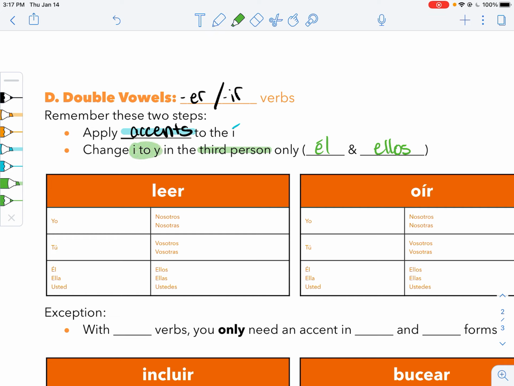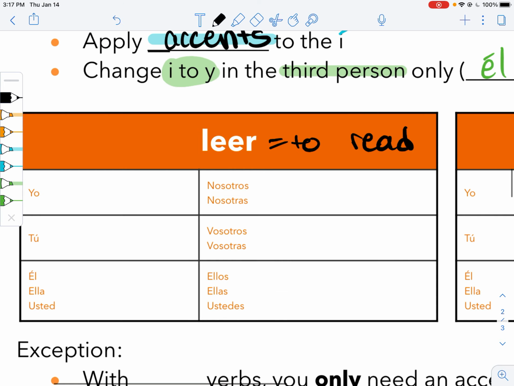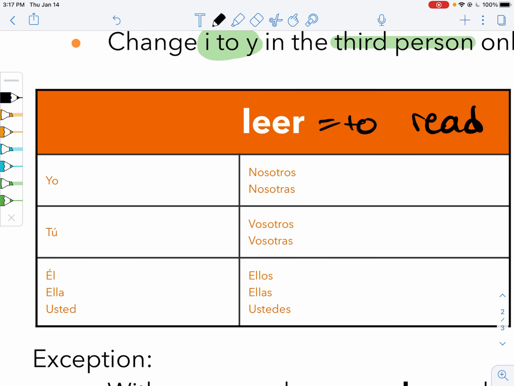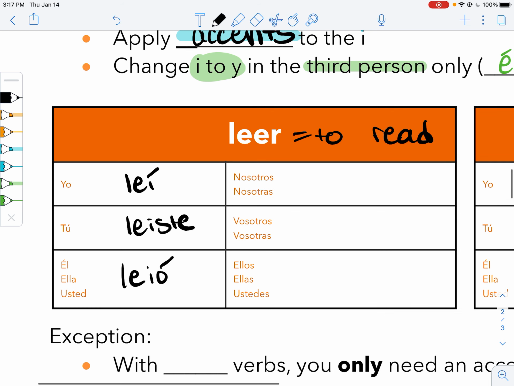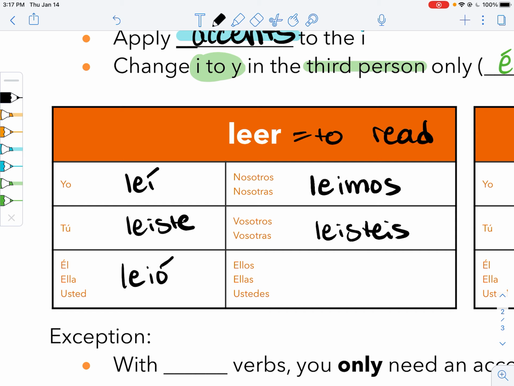So let's look at this as an example. We have leer, which is to read. So if we conjugate leer normally, we have leí, leíste, leyó. Sorry, I'm laughing to myself because it's wrong. Leímos, leístes, and leyeron.